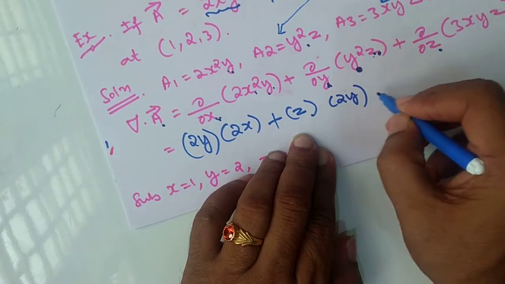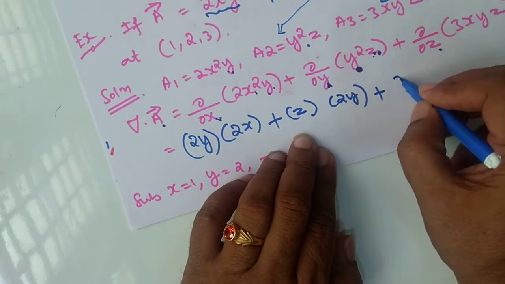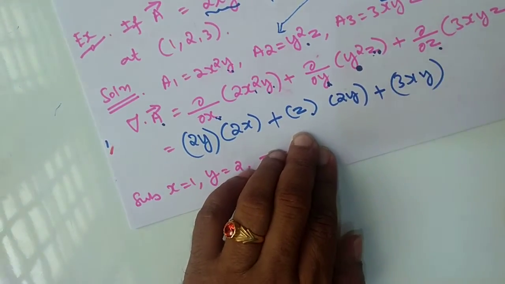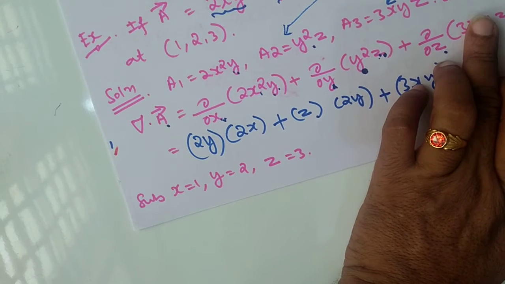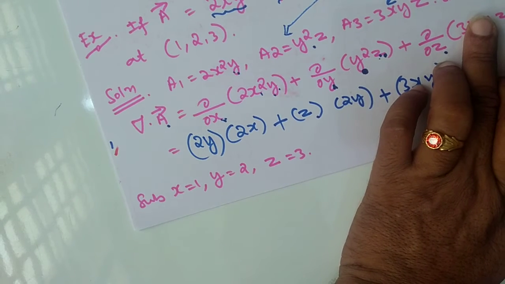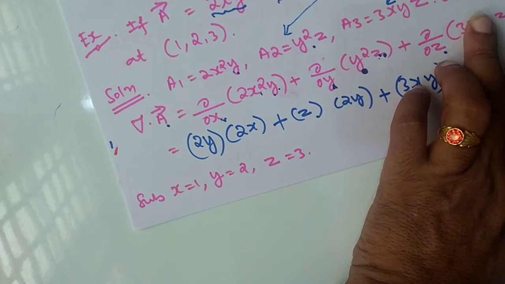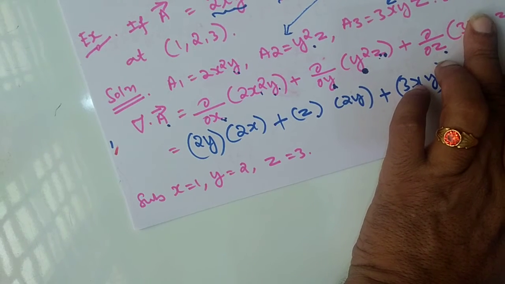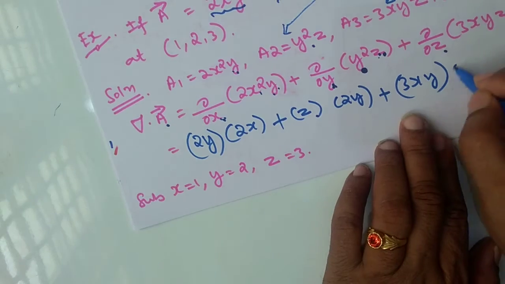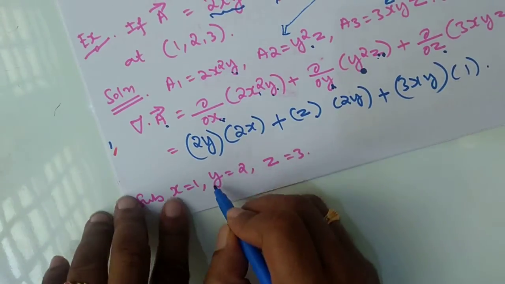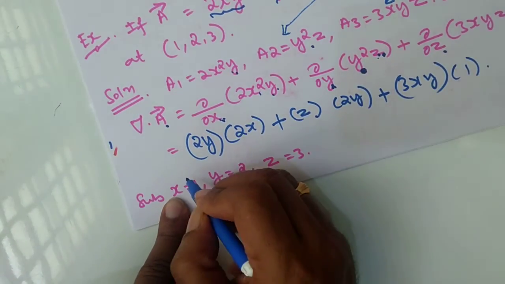Next, with respect to z, 3xy is constant, take it outside. Differentiation of z is equivalent to differentiation of x. In place of z, suppose you have x, what do you do? Differentiation of x, 1. Similarly, differentiation of z is 1. Now what am I doing? Just substitute x is equal to 1, y is equal to 2, z is equal to 3.